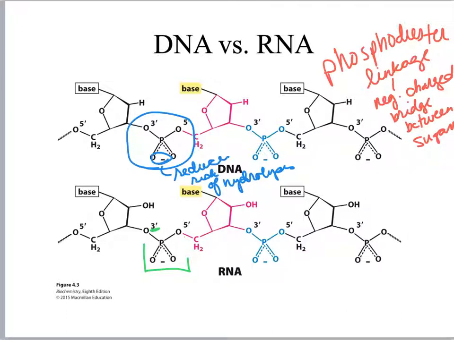Okay. This in turn is joined to the 5' hydroxyl of the next sugar. So that gives rise to that sugar phosphate backbone. And because it's the 3' that links to that phosphate and then the 5' of the next one, DNA and RNA both have directionality to them.